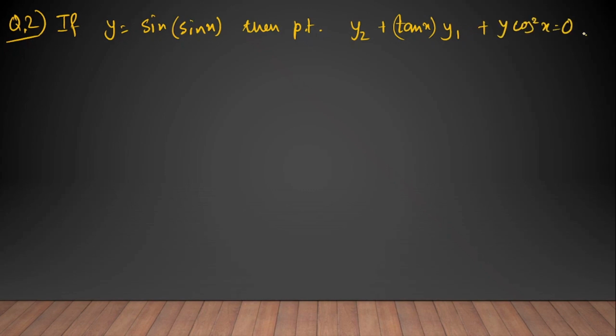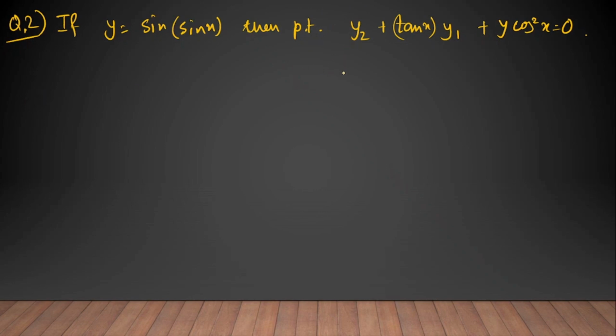If y equals sine of sin x, then prove that y2 plus tan x into y1 plus y cos square x equals 0. So here this is the question.